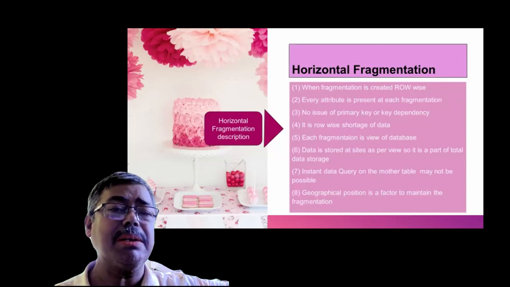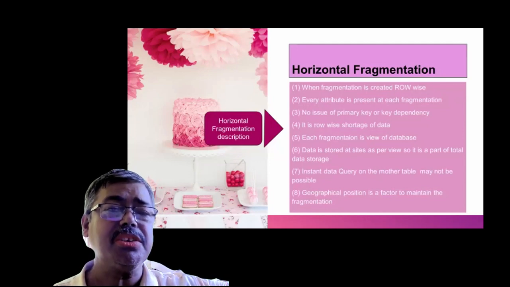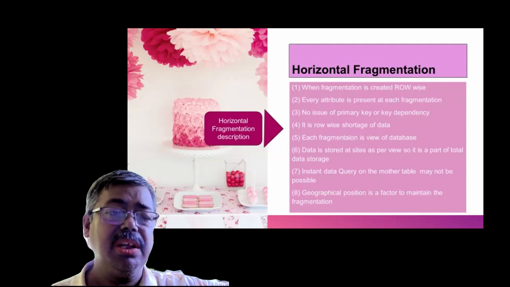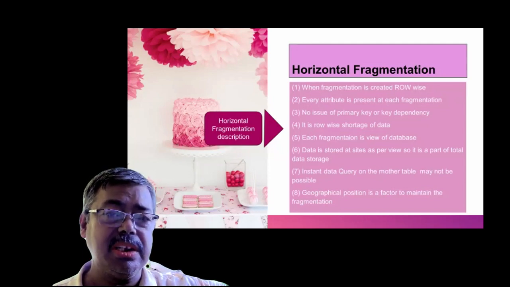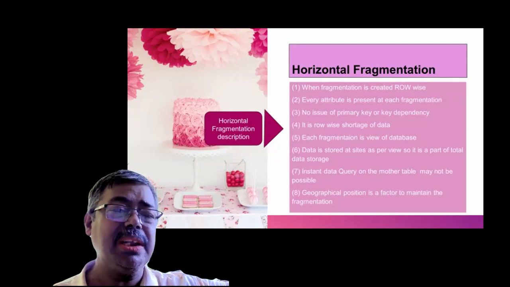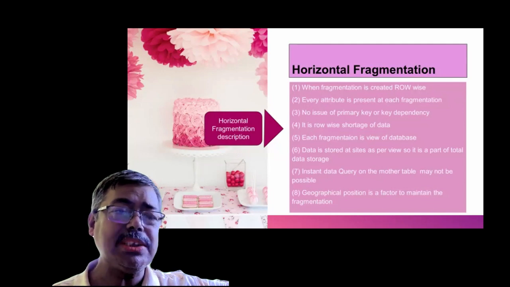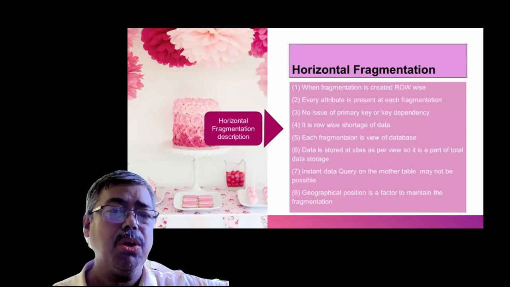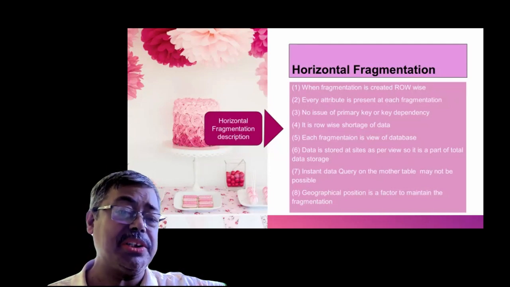In the case of horizontal fragmentation, when fragmentation is created row-wise, every attribute is present in each fragment. It is common that with row-wise fragmentation, one primary key and the other candidate keys will be present. It is row-wise storage of data.